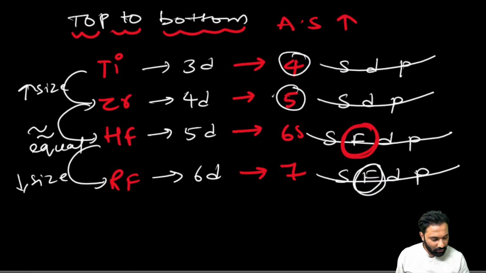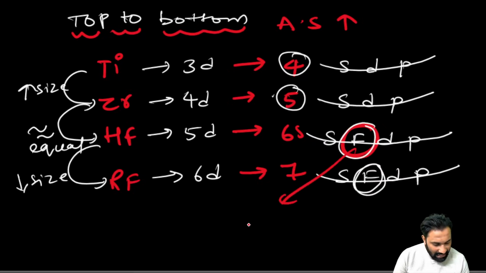Due to the poor shielding, this type of effect we call the lanthanide contraction. Due to the lanthanide contraction, whatever size we expected, it is decreasing. It does not happen at the same size we expected.